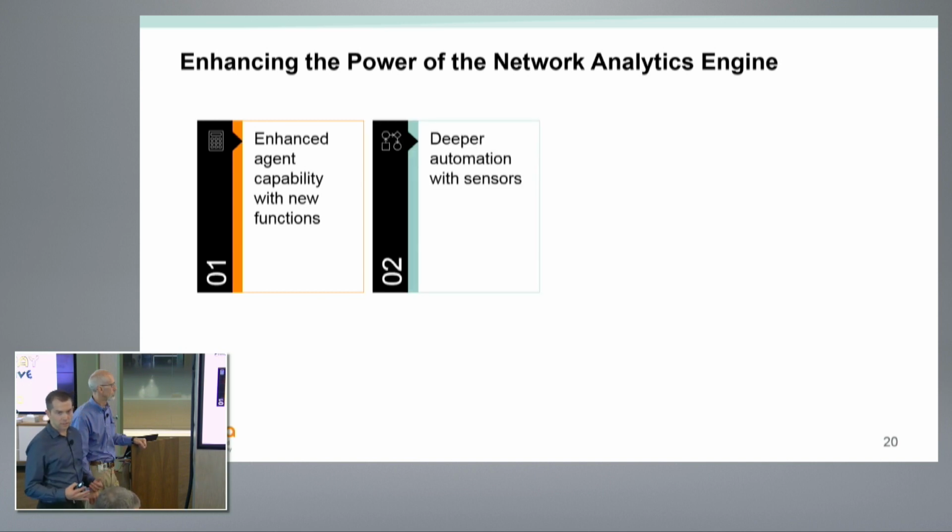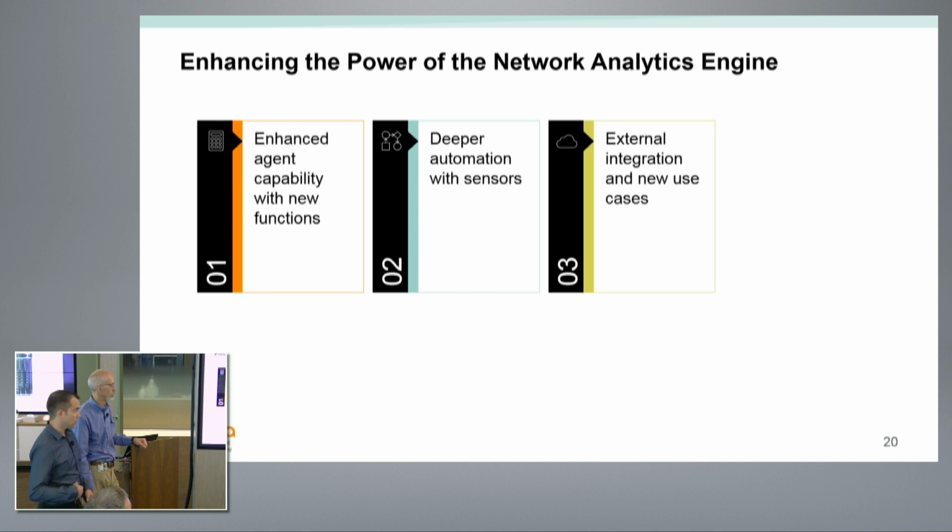And integrating with other sensors. So continued deep integration with other sensors within the network, not just within the Aruba ecosystem but outside of that. With this REST API focus, we can reach out and talk to many other devices as the network expands and is integral to this. And then continue to ramp up external integrations and external use cases.